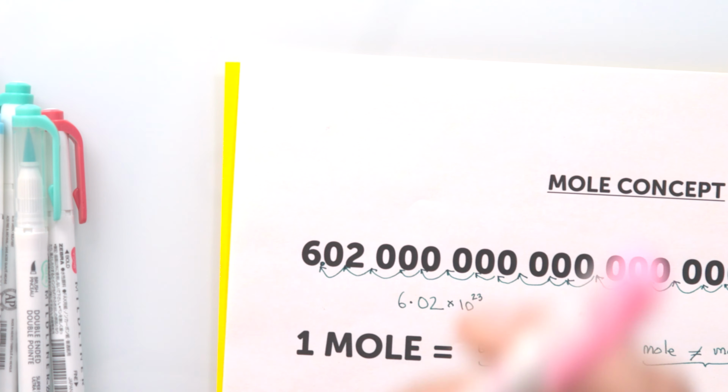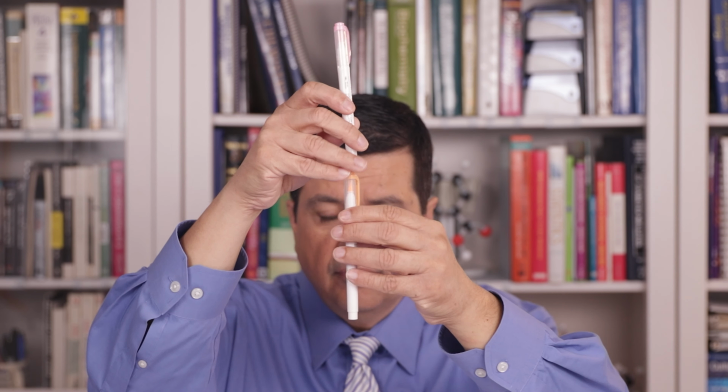If I took these 12 pens and I started stacking them up, one on top of the other, the height of the pens, if I had a mole of them, that's 602 followed by 21 zeros of pens, I would go to the sun and back. Let me repeat, to the sun and back 200 billion times. No exaggeration here. So that is just an enormous amount of pens.